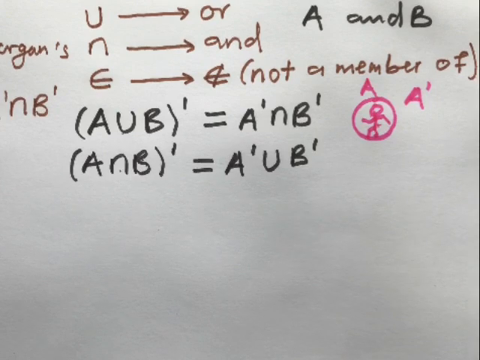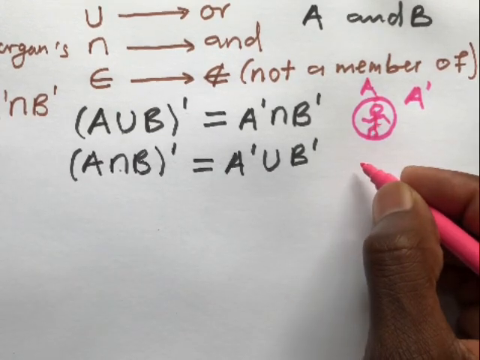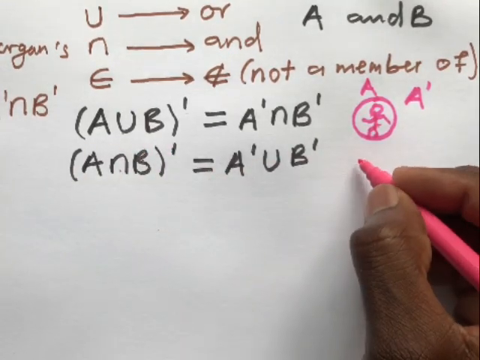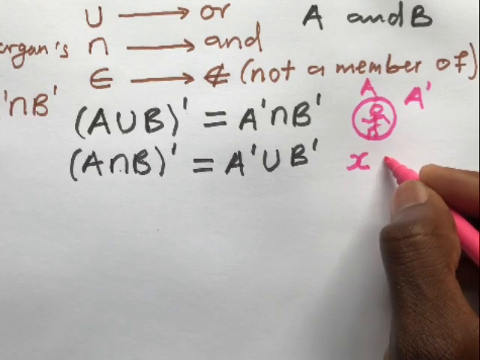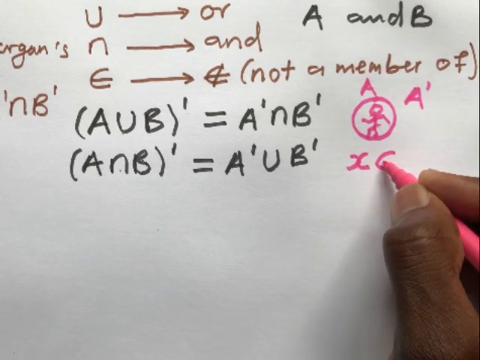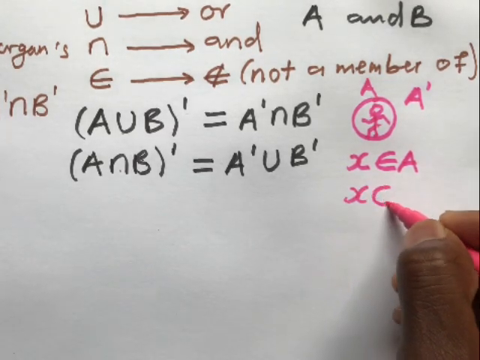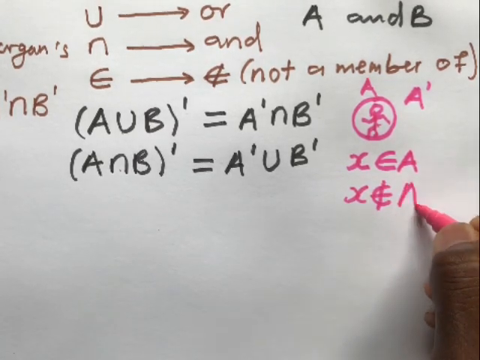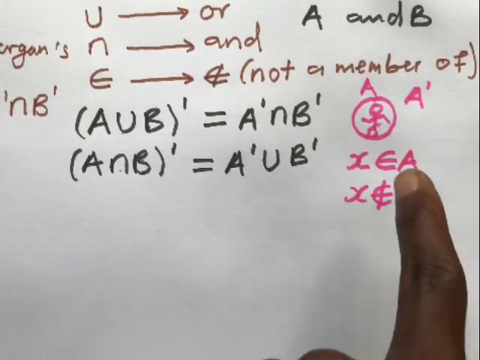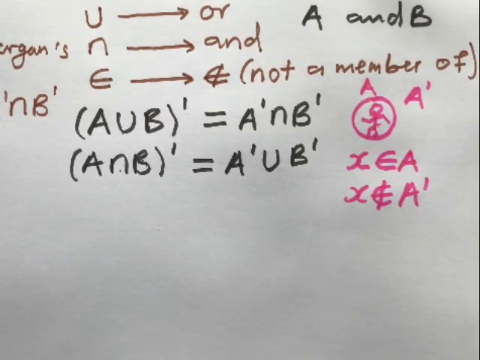No, that can't happen. That's what we normally do under De Morgan's law. Let's say I'm X, I'm part of set A, this means that I can't be part of set A complement. Reason being, I'm already located in set A. That's what we are going to be doing under De Morgan's law.